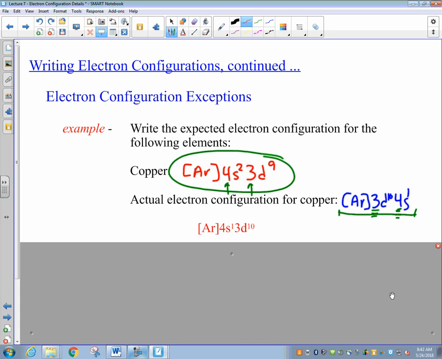But what I do want you to recognize here, guys, is this. There's not just a difference in the order that they write these things, but a difference in where the electrons are actually found. That is, we have only one 4s electron and 10 3d electrons. And the real question is, who is correct? Your periodic table or the prediction we've made using the Aufbau process?